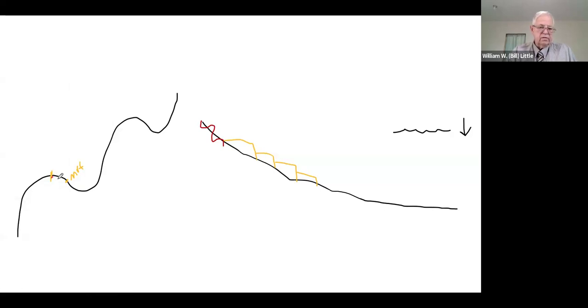Okay, and this is showing us the area that's being eroded, and we tend to refer to this right here as the falling stage systems tract.